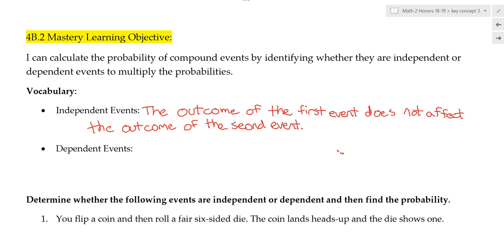And we use "and" here, and the probability of A and B equals the probability of A times the probability of B.